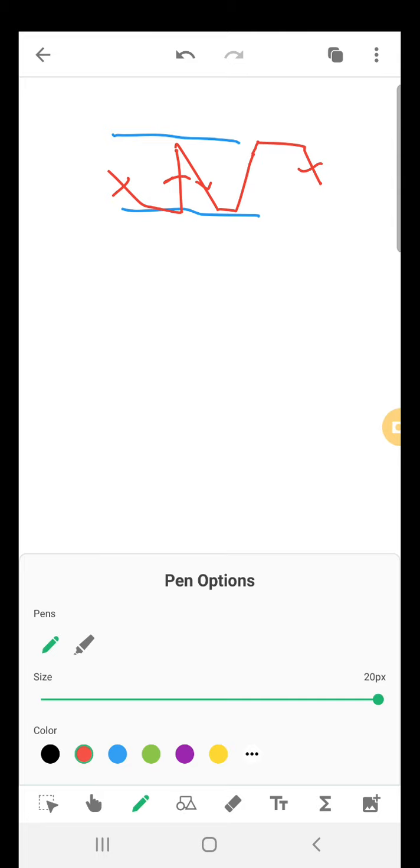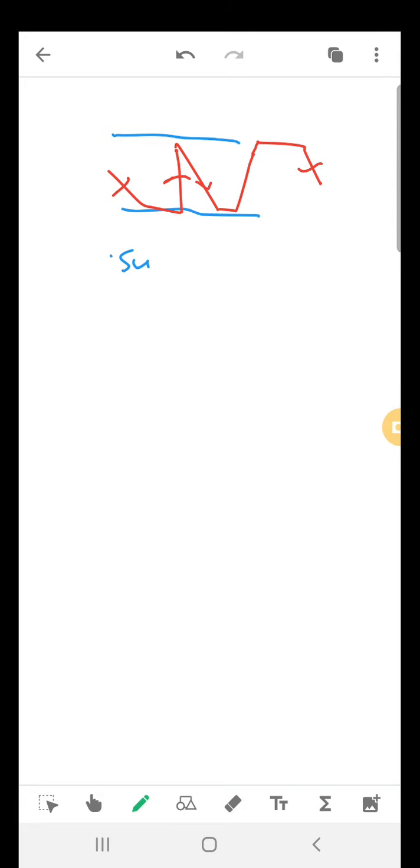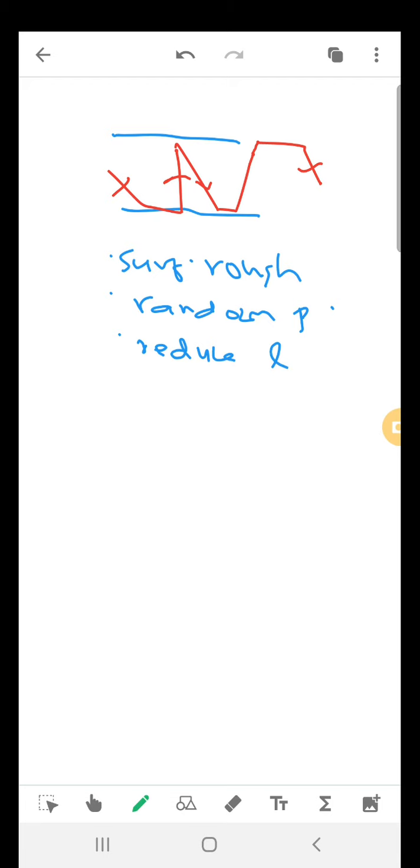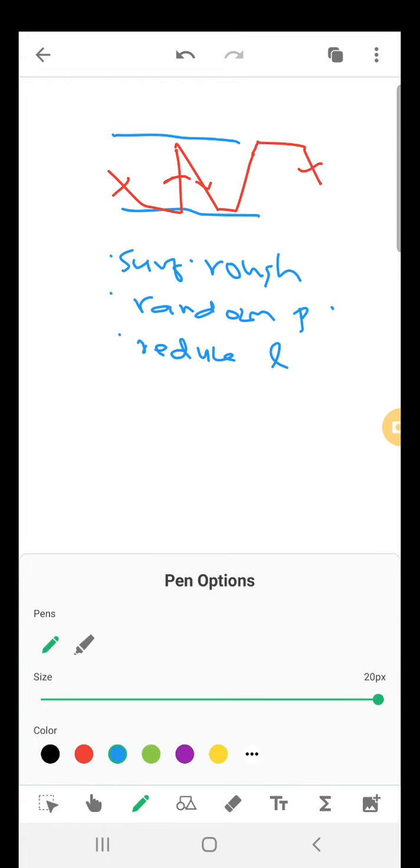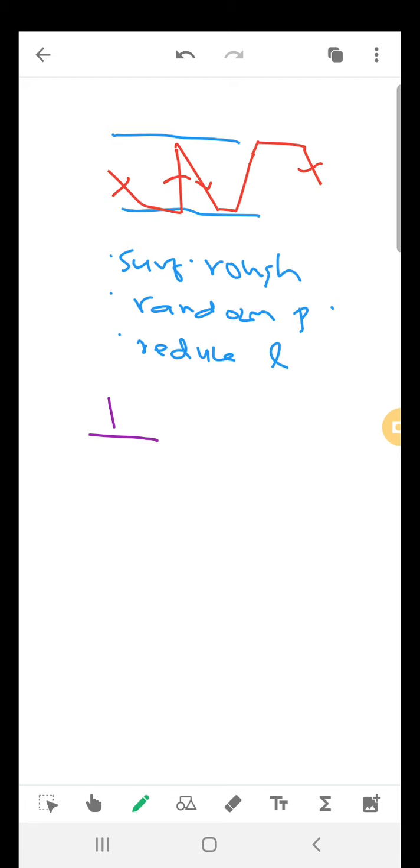So it is assumed that the surfaces are rough and it randomizes momentum, and it definitely will reduce the mean free path L. So the effective mean free path is given by 1/L effective equals 1/the original mean free path plus 1/the width.